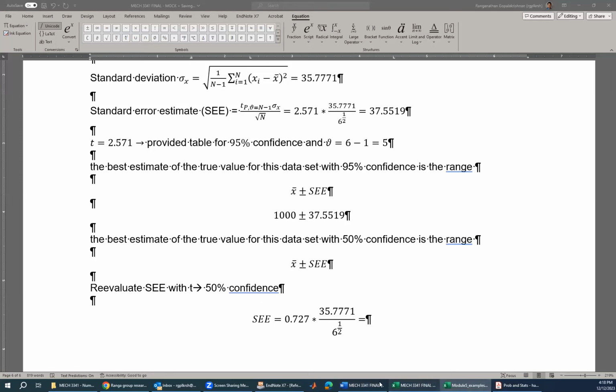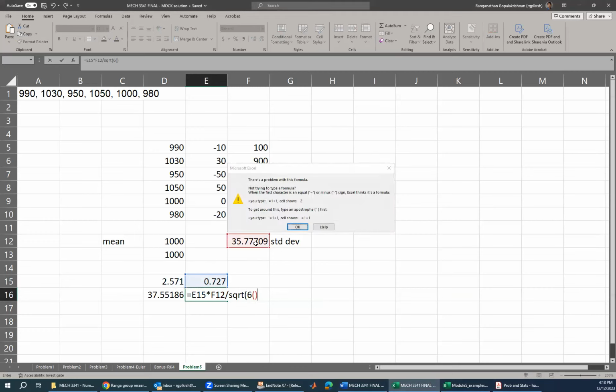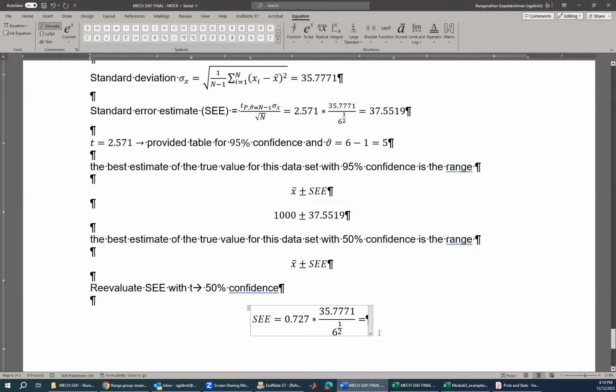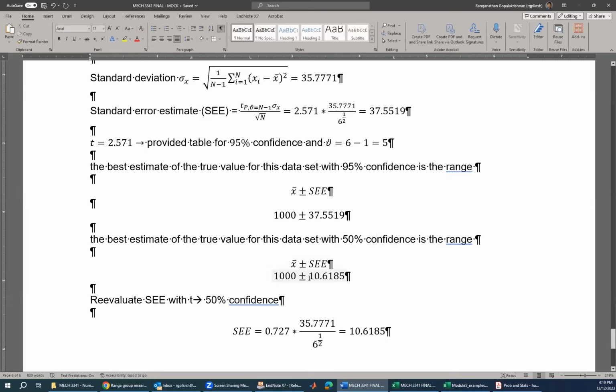So 0.727 times standard deviation divided by square root of 6, that is 10.6185. So what you would write is 1000 plus minus 10.6185. If you want to say something with only 50% confidence, the range is narrower.